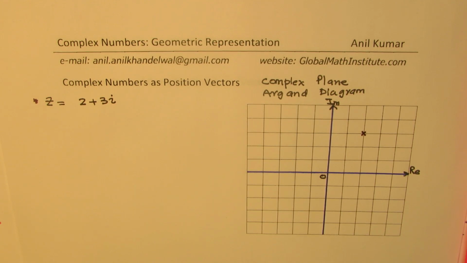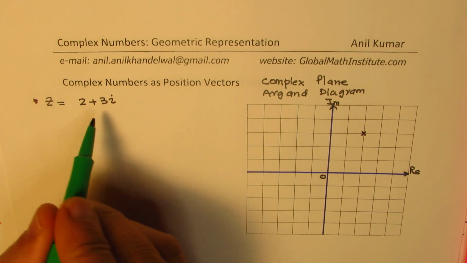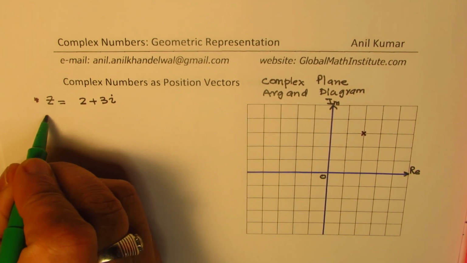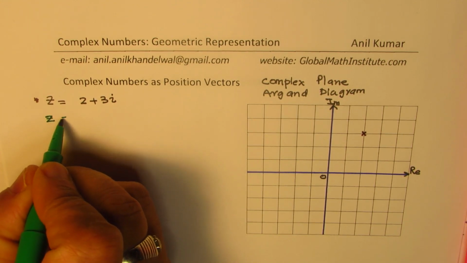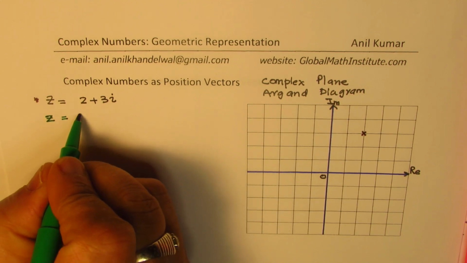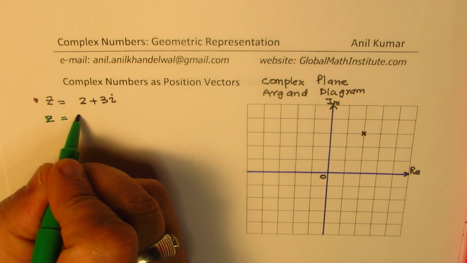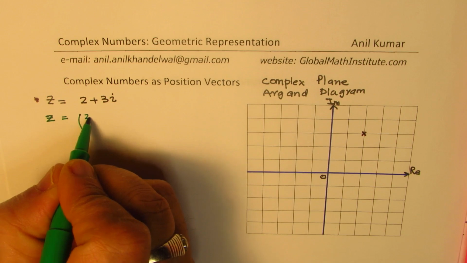Now, you can also represent this as a vector. So let me say the vector z could also be written as (2, 3).